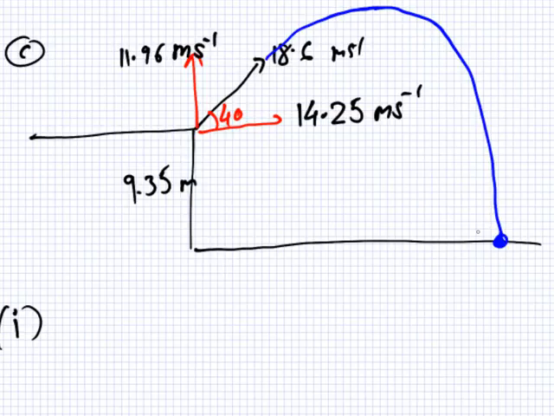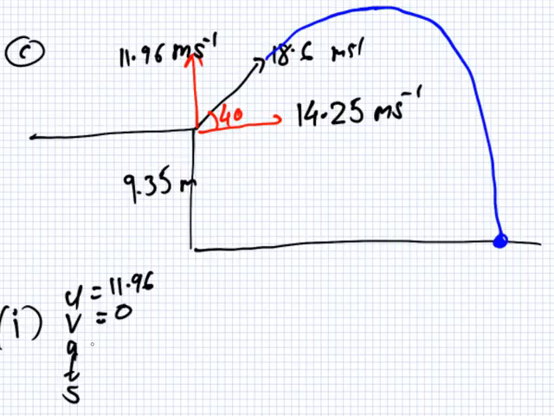Okay. The first question is what's the maximum height. So we should look at the vertical component. Vertically, UVATS. What's the U vertically? 11.96. What's the V vertically at the top? 0. A? Minus 9.1. So we are looking for the S. What formula could I use to get the S?